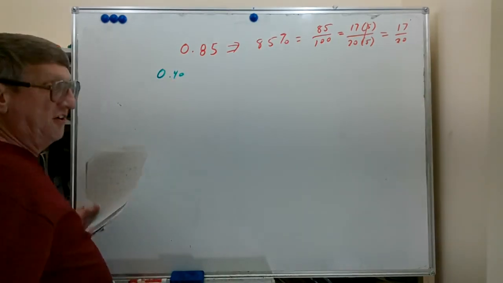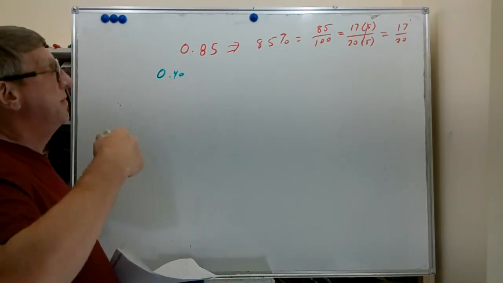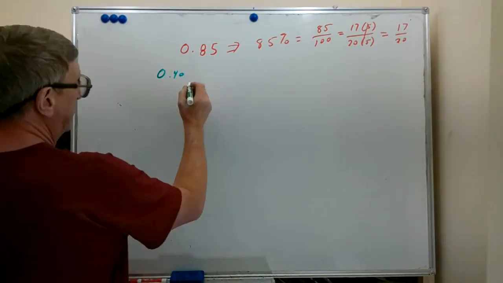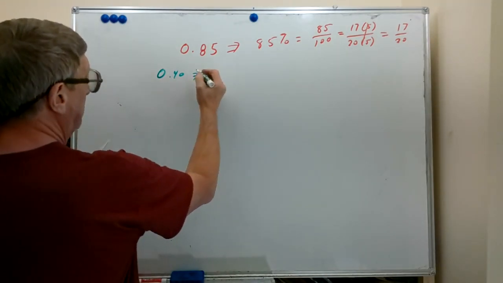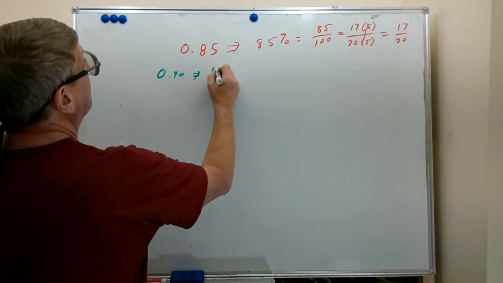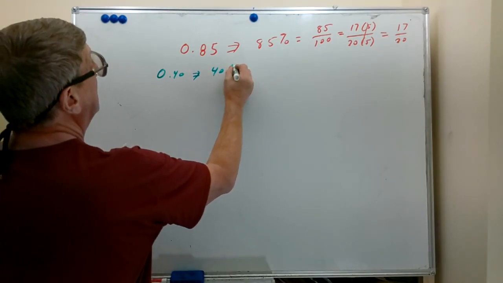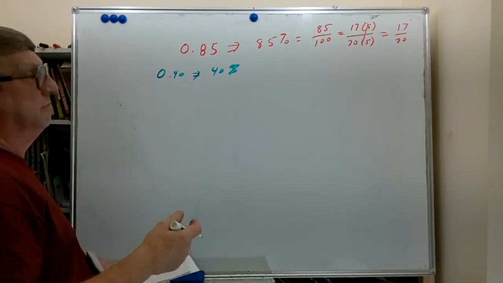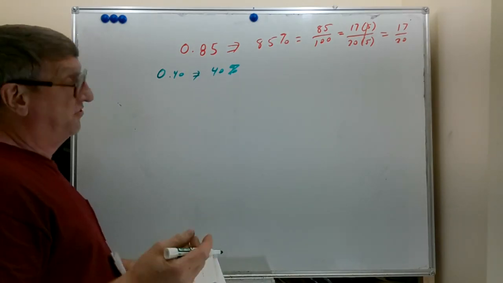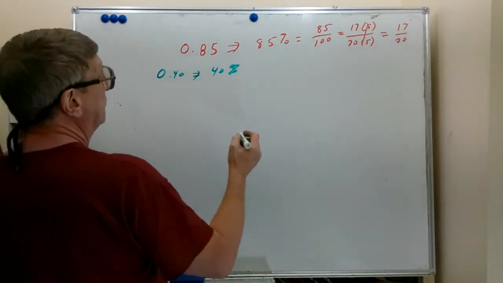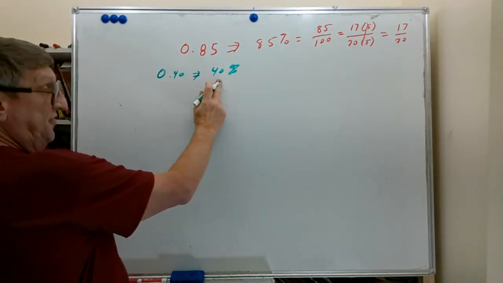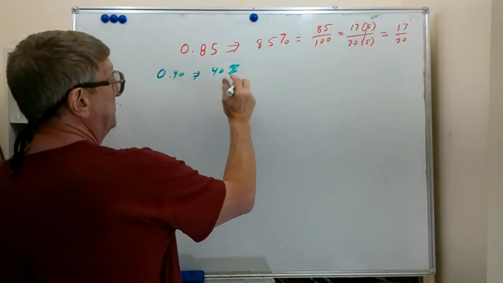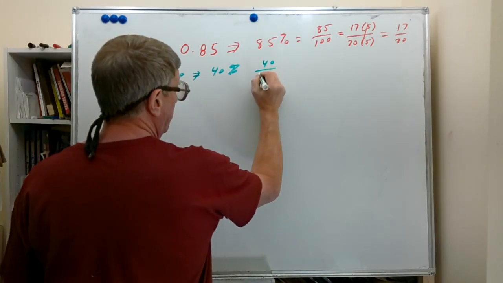0.40. There's our decimal. You remember by now we multiply it by 100 to get percent. 2 decimal places to the right, so it's 40%. Now we want to do it as a fraction, put that into lowest terms. Well, the definition of percent is a denominator of 100, so that's 40 over 100.